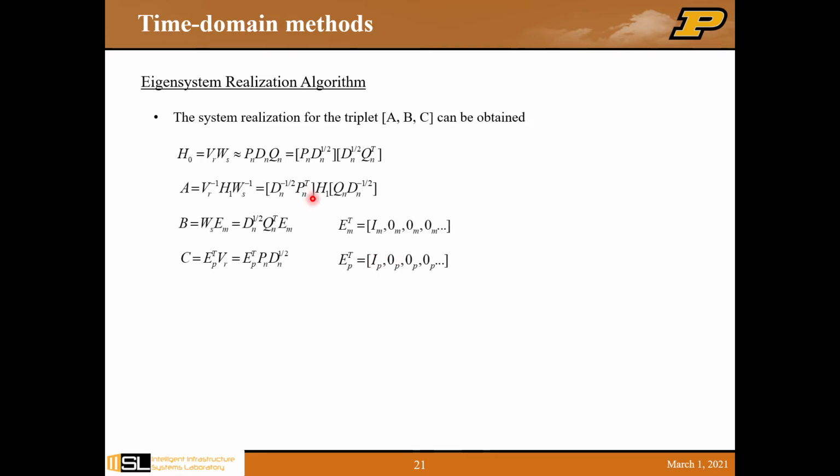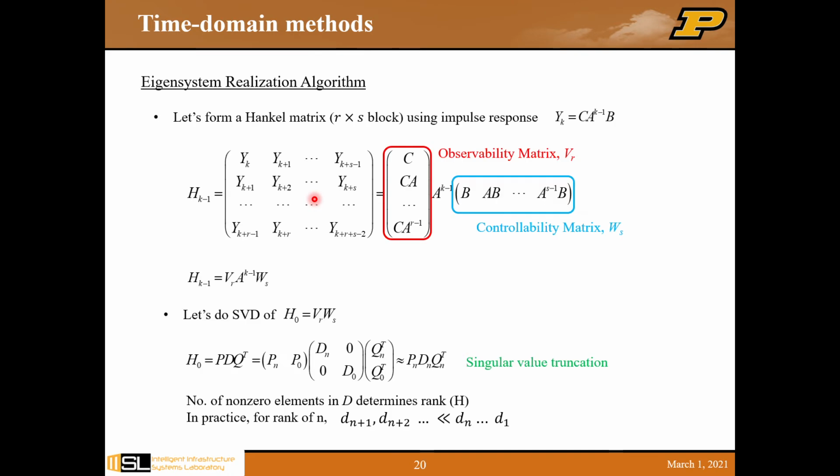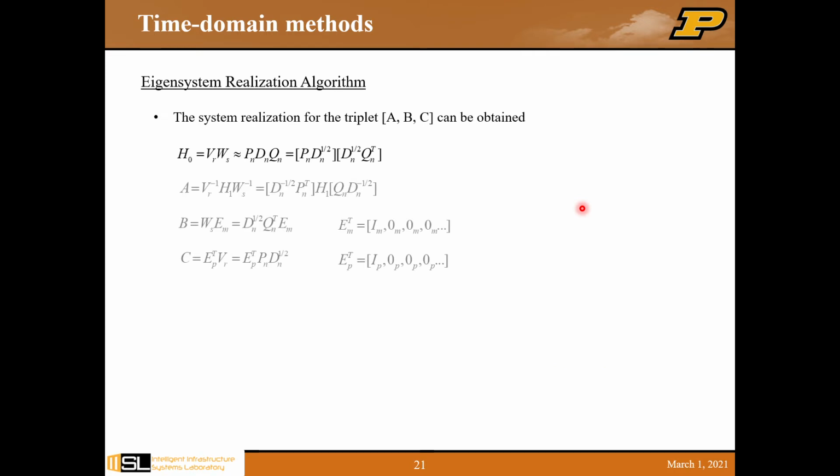By shifting k from 1 to 2, we can obtain H_1. As shown here, if k is equal to 2, we will have a system matrix in between the observability matrix and controllability matrix.